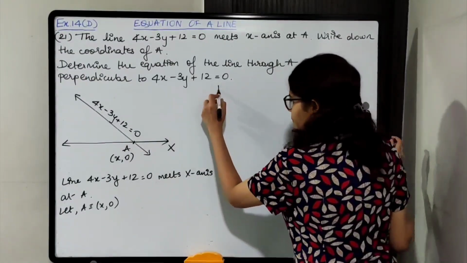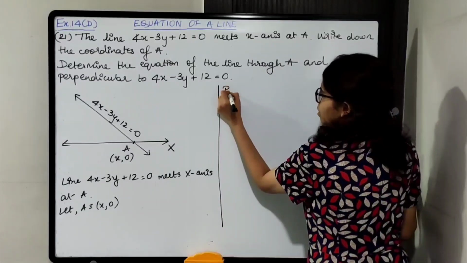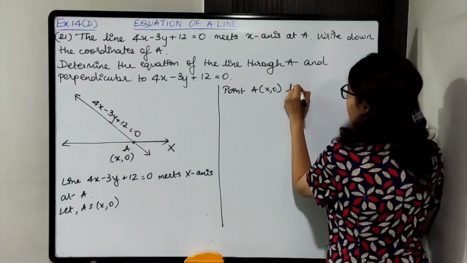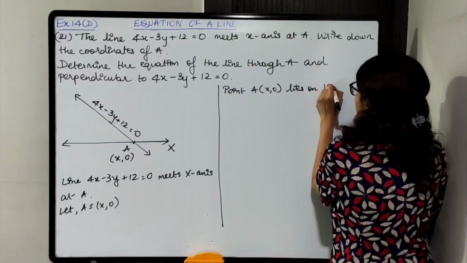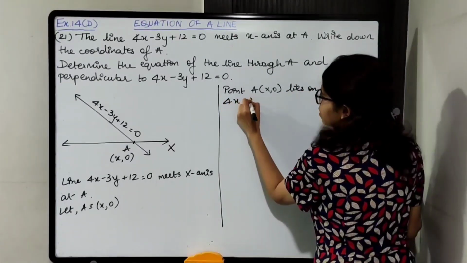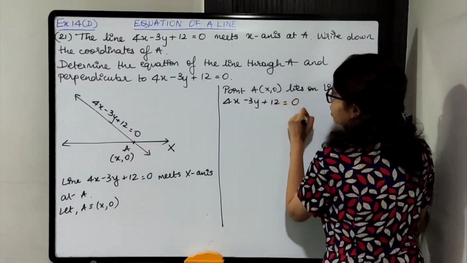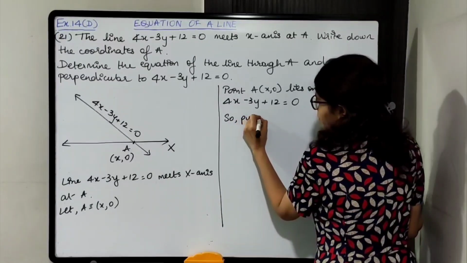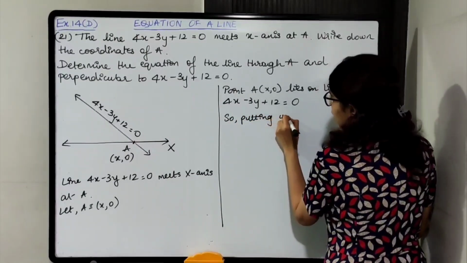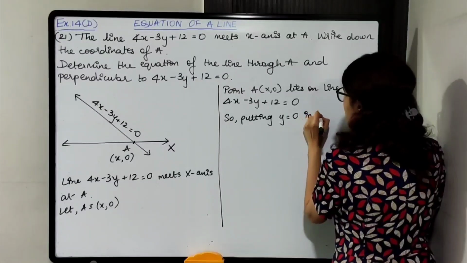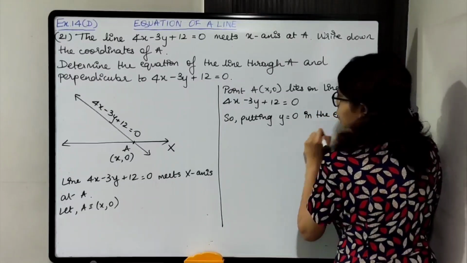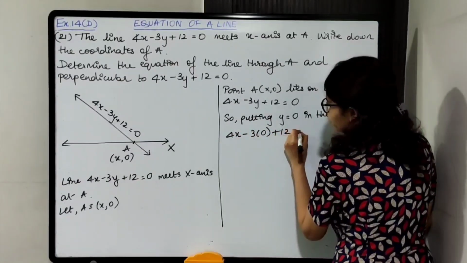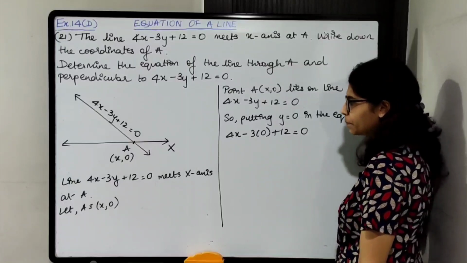So write down point A x comma 0 lies on line 4x minus 3y plus 12 equal to 0. So putting y equal to 0 in the equation, 4x minus 3 into 0 plus 12 equals to 0, है ना?